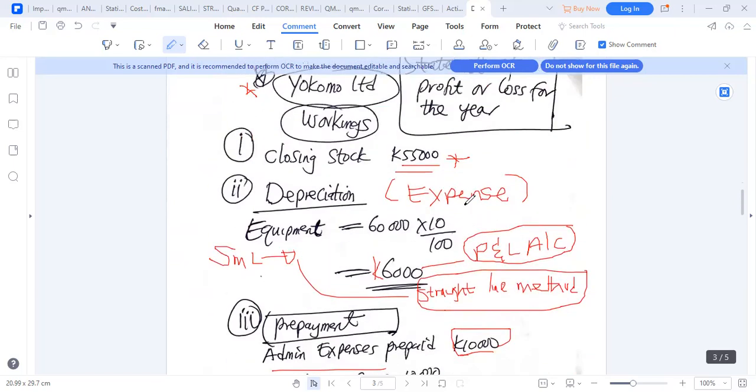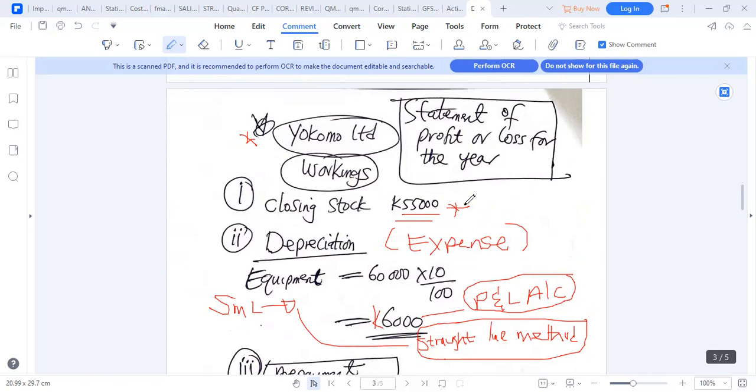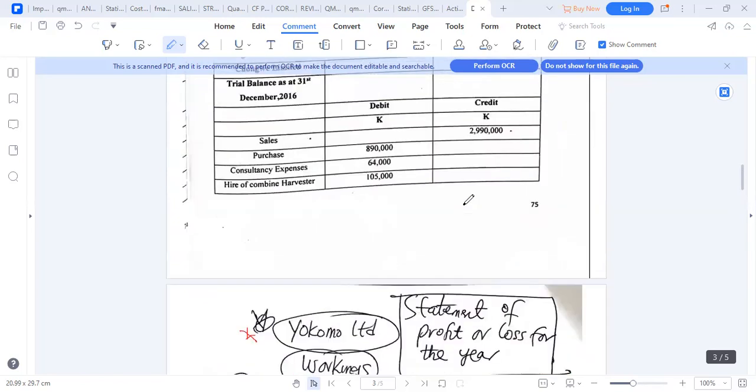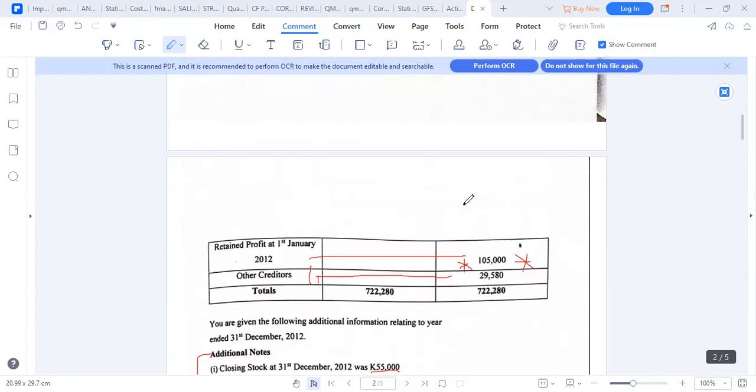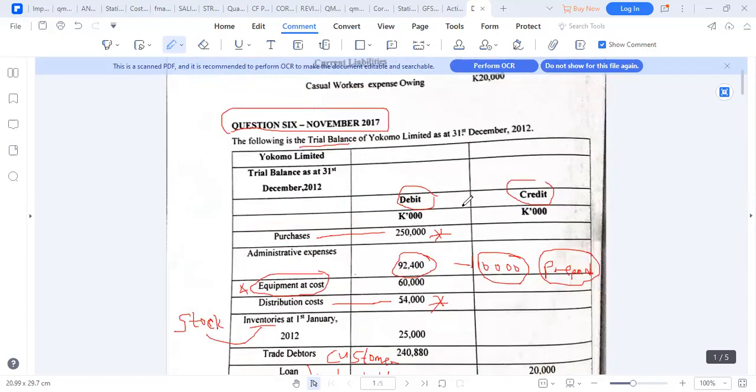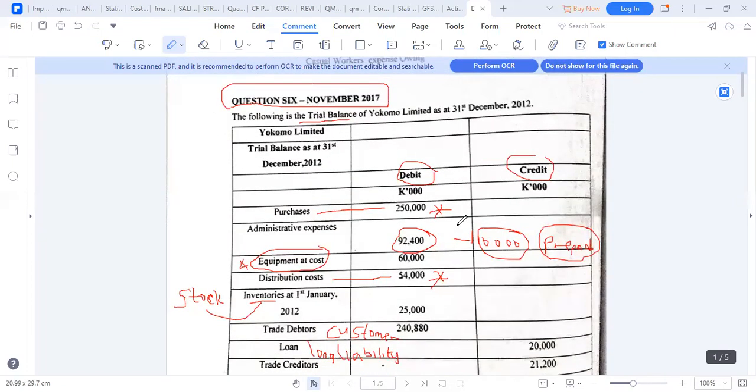From the beginning? From here? That's from the question. The question is this one. When you are done, you tell me and we proceed, so that at least you are not left behind.